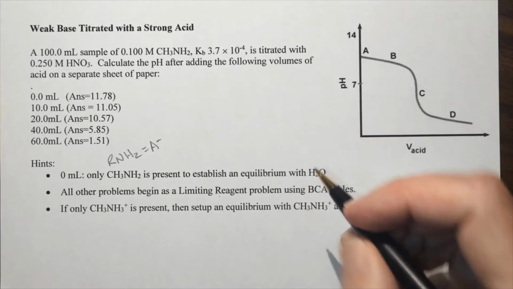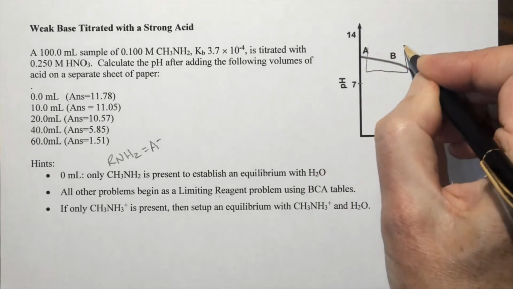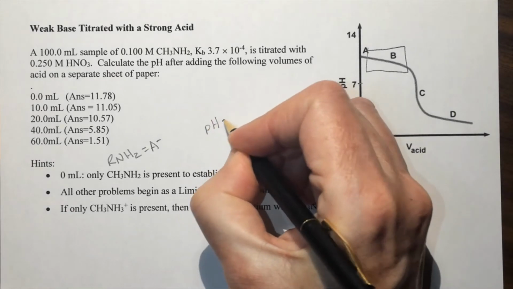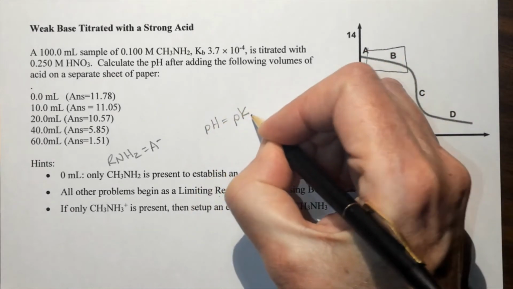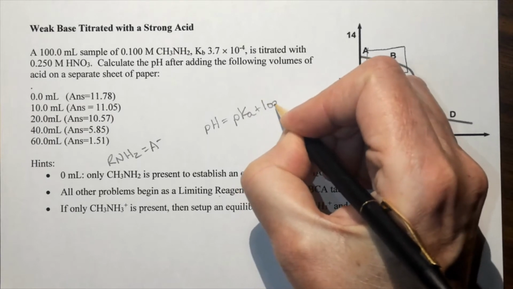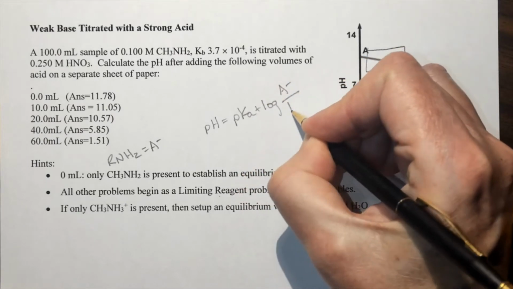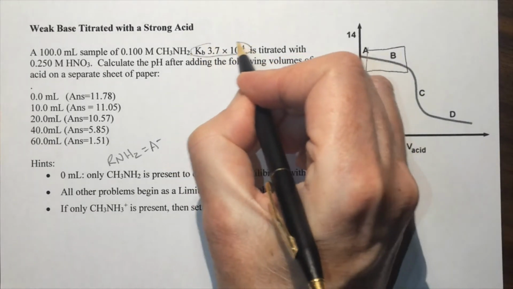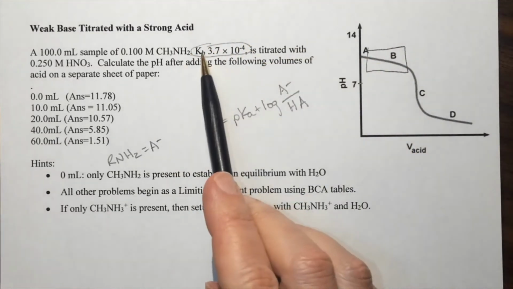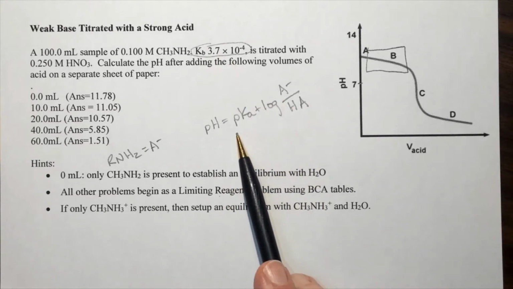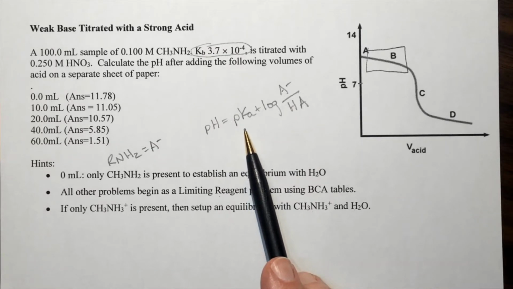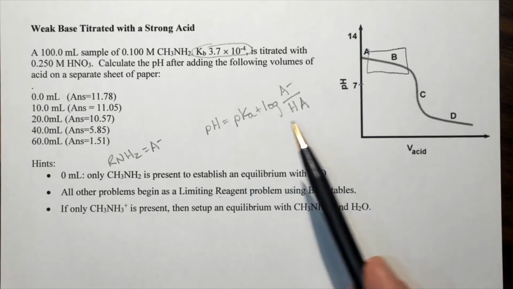As long as we're in our buffer region, we'll be able to use pH equals pKa plus log A minus over HA. Now, remember that this value up here is Kb, so we're going to have to calculate our pKa in order to use this value right here. So that's something that we want to get done fairly quickly.